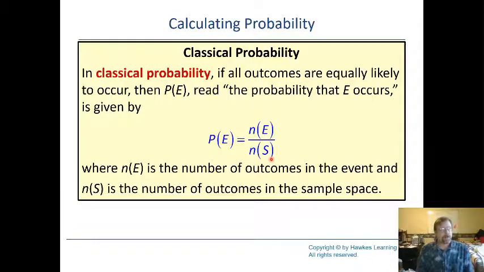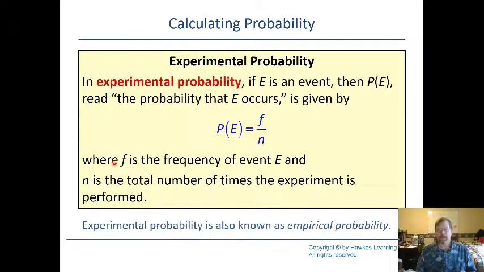Finally, we have classical probability. So this is the total number of outcomes that fit whatever the event is over the total number of outcomes in the sample space. You could look at it like this: experimental probability is like the sample statistics.